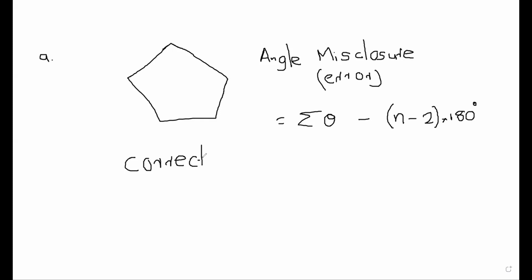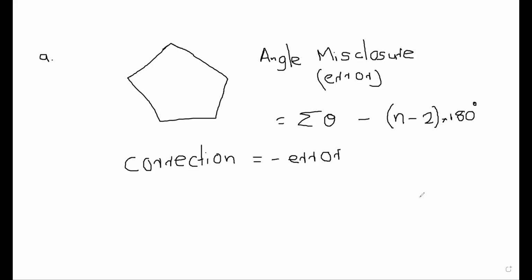There's another relation we have. The correction is the negative error. Because if you find out that you have taken excess, then you have to reduce it in order to correct it.